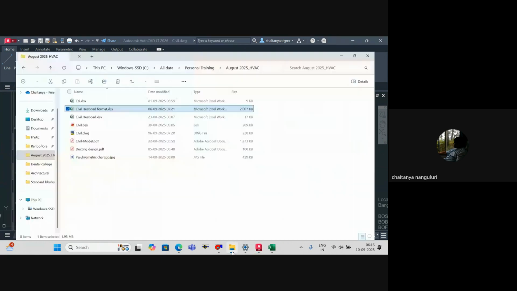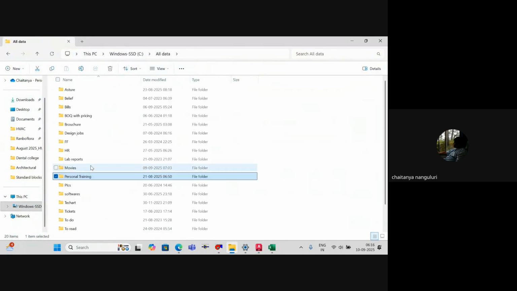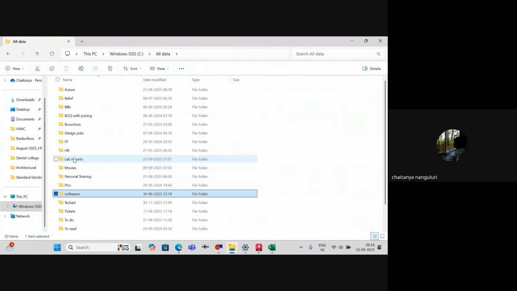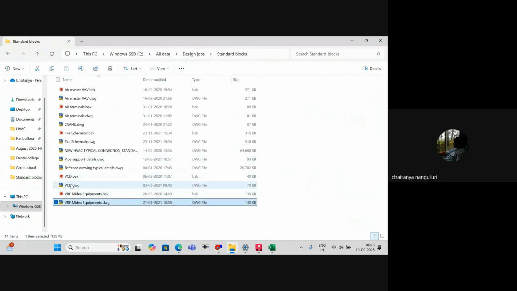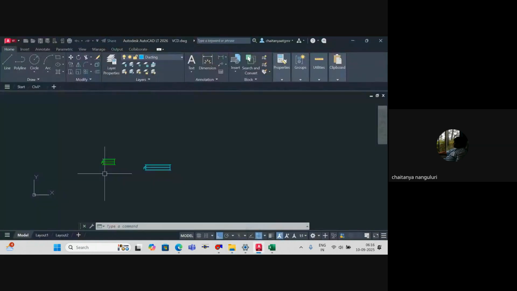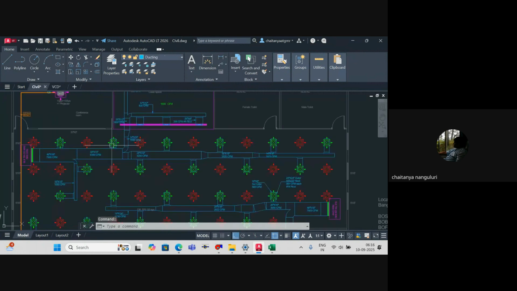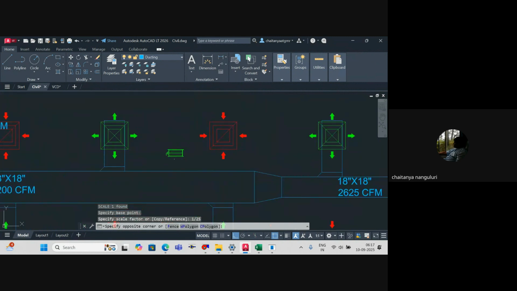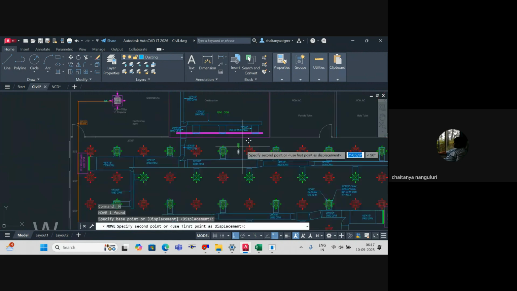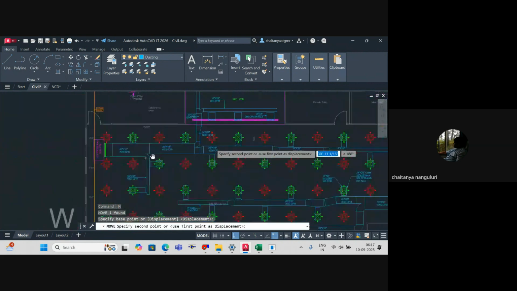So I have some standard blocks. I'll share those blocks with you as well. These are standard blocks. I'll just copy it from this one. SC1 by 25. So just rotate it. Move. So we use dynamic blocks.